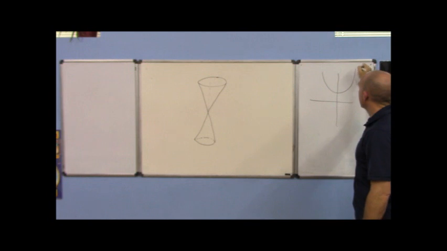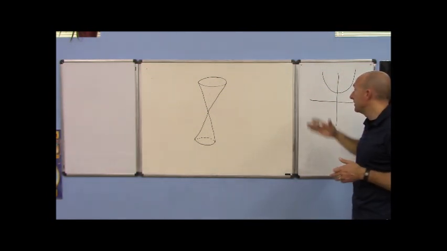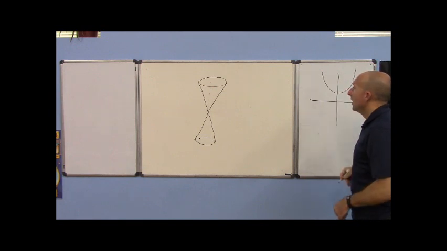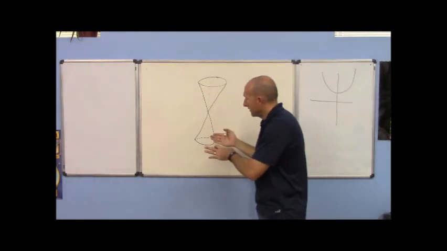If you were to graph, a lot of the functions that we've talked about end up being parabolas like this. Well, we're going to look at a parabola from a different perspective.